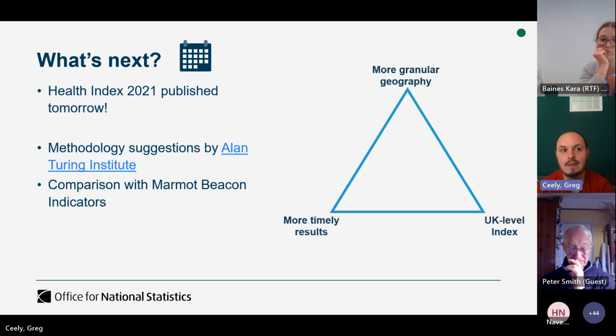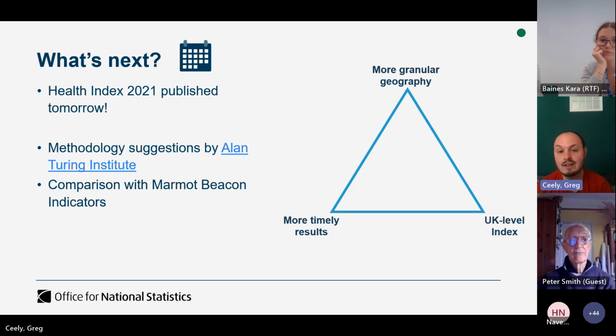We are very keen that while using Welsh data means it's possible to produce a health index for Wales, and similarly, colleagues in the Red Cross have produced an example of what a health index for Scotland could look like, these are useful tools, but only in themselves for understanding similarities and differences within those areas. We know it's just as important for Cardiff Council to understand how they compare with Swansea as how they compare with Bristol.